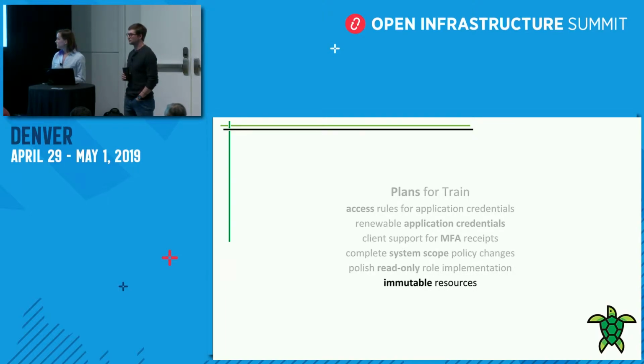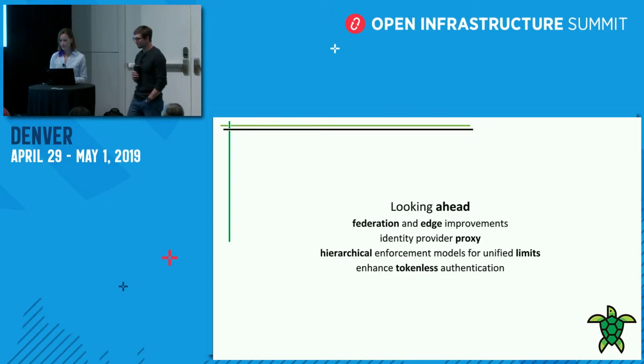And then another thing we're considering is implementing immutable resources, making sure that certain resources that are really important to your deployment, like the admin role or the admin user, can't be accidentally deleted or accidentally modified. And this could also be useful down the line if we want to make these things have predictable IDs based on their attributes like their name. We don't want those attributes like their name changing down the line.